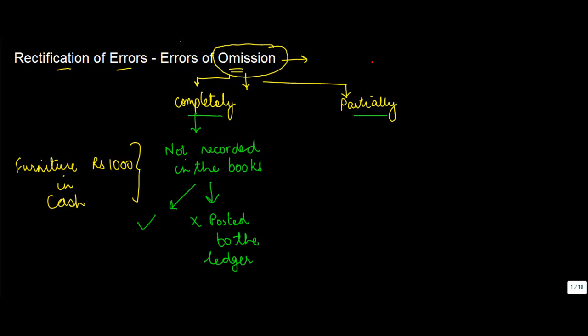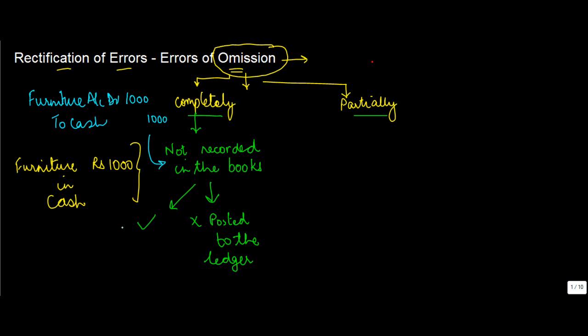So coming to my example of purchase of furniture in cash, what will be the journal entry for this? The journal entry will be furniture account debited to cash by rupees 1,000. When I say that the transaction is not recorded in the books, what I mean is that even the journal entry is not passed.